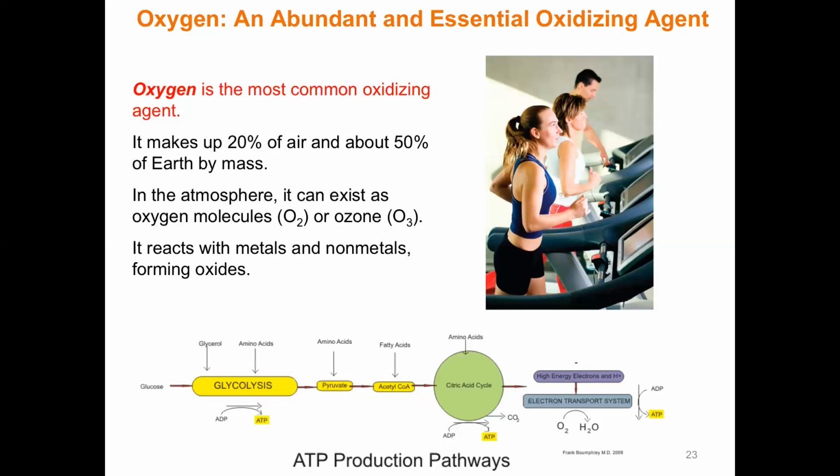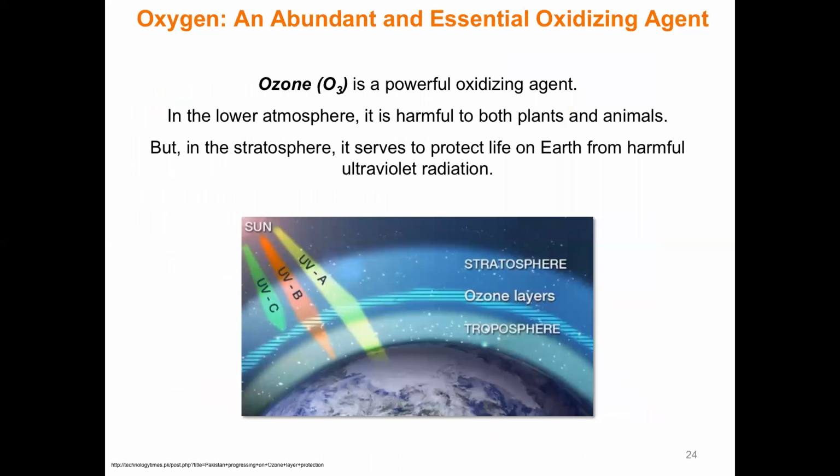So oxygen, most common oxidizing agent. And like I said, it also exists as ozone. There is some ozone down at our level of the atmosphere. We're going to talk about the levels of the atmosphere when we get to our air chapter, but we're in the troposphere. Ozone at our level is toxic, because it's a powerful oxidizing agent.